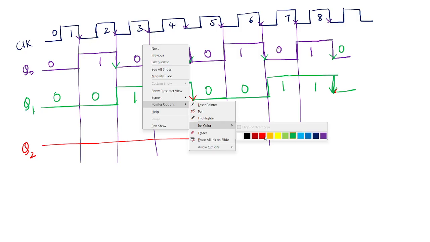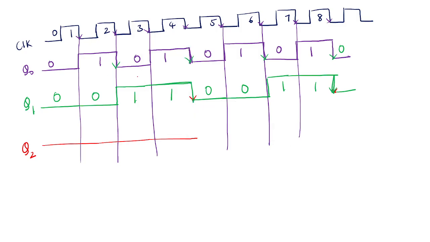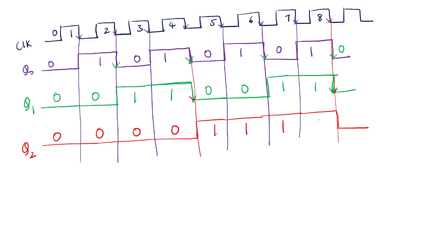What happens here? This becomes 1 till the last edge, then becomes 0. So this is 0, 0, 0, 0, 1, 1, 1, 1. Again this becomes 0 only.